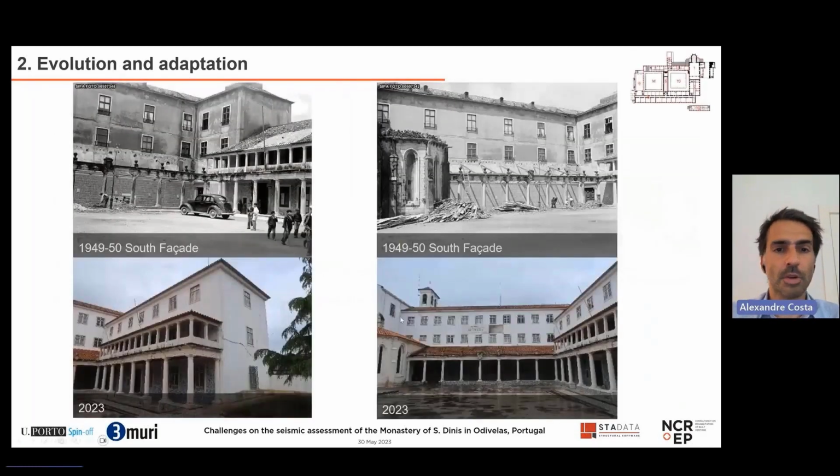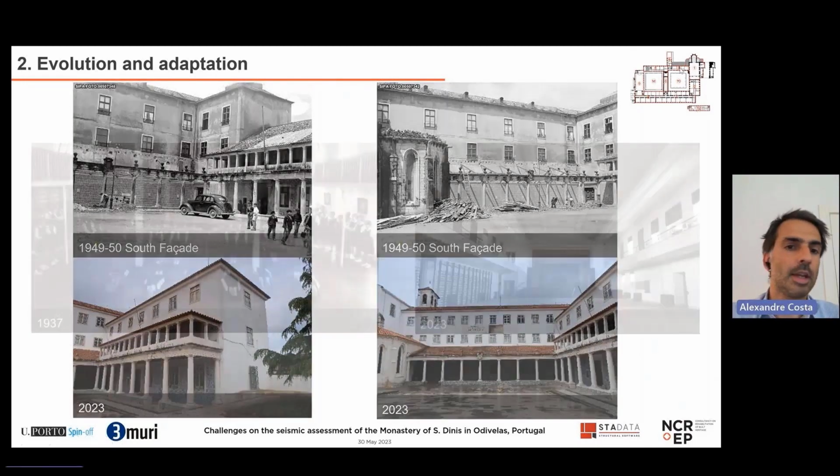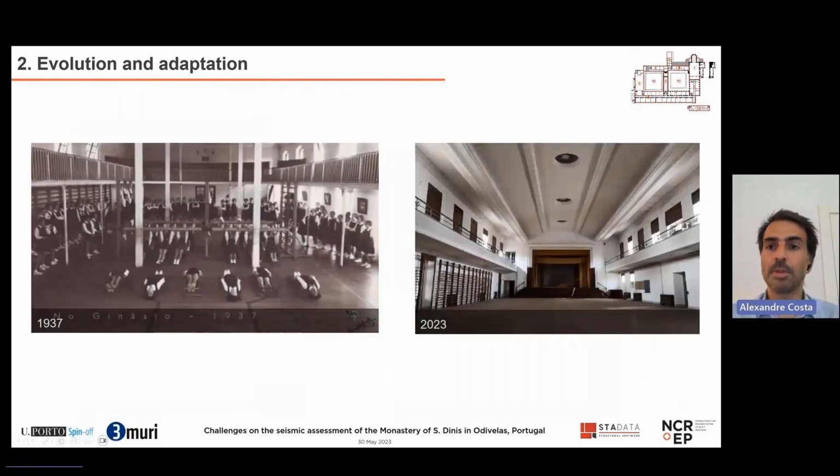Here's some historical information. You can see, for example, some mill buildings that were built around the mid 20th century. Here in the facade, also new openings. These two buildings. Then, for example, the gym, which is building number 9, in the middle of the 20th century, with 4 main columns to support the roof, and then some supports to the balconies, where now we have reinforced concrete slabs and the metallic roof.